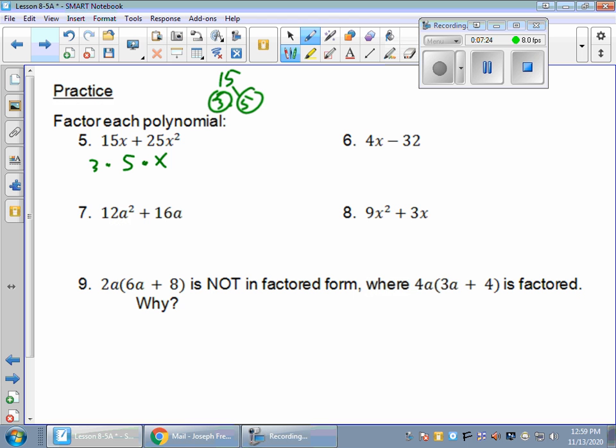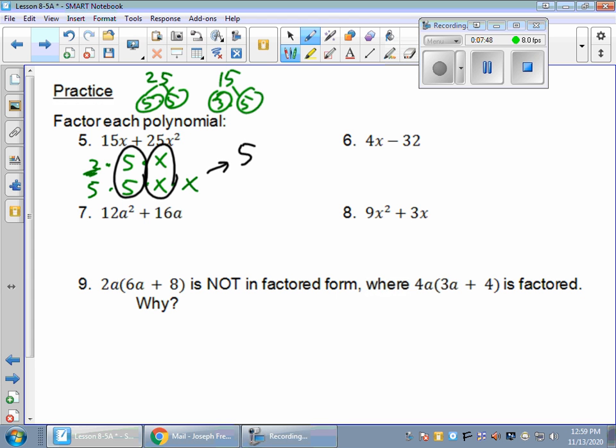For 25x squared, I think I can fit that in right here. So 5 times 5. This is a 3, by the way. Times x times x. So what's common between these? I can see that a 5 is common, and we have an x that is common. So whatever is common, let's put that on the outside.